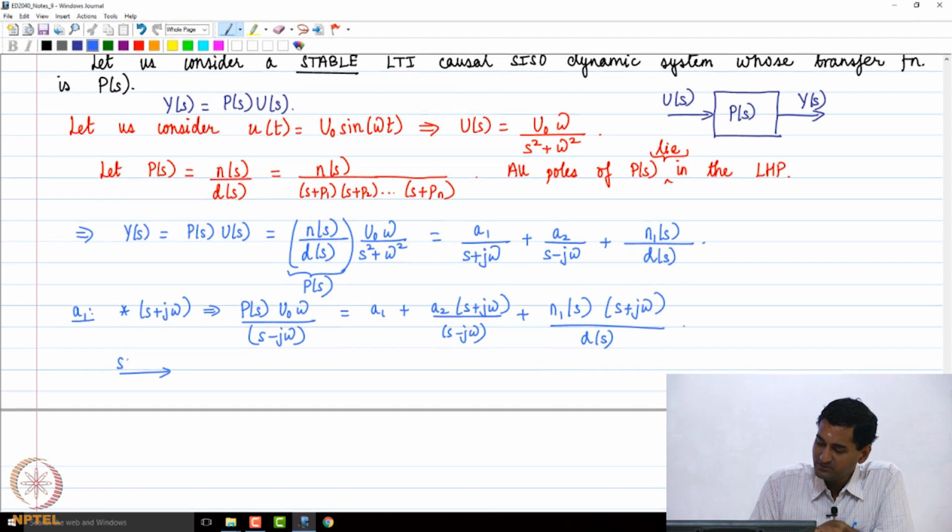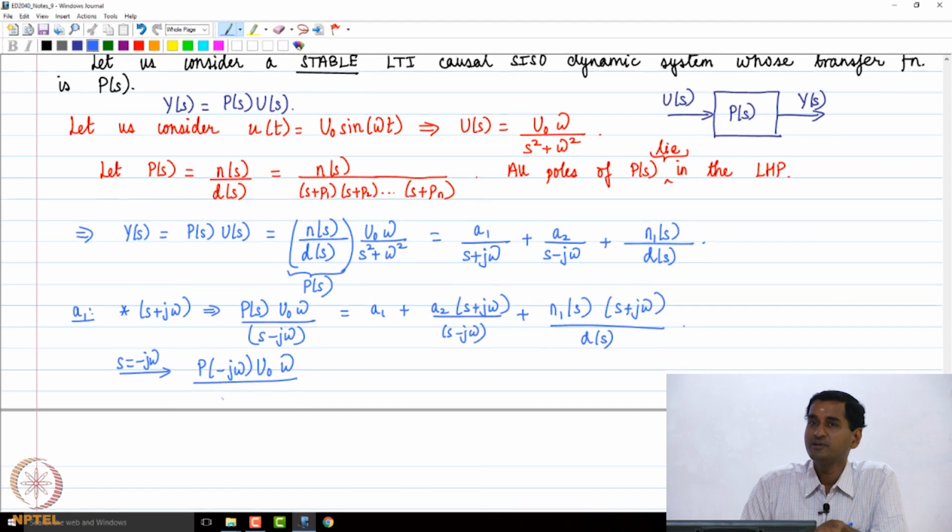So, now what should I do? I should substitute the root of that factor, which is s equals minus j omega. Then I will get P of minus j omega u naught omega divided by, for the denominator, minus j omega minus j omega, which is minus 2j omega, and that is equal to A1.